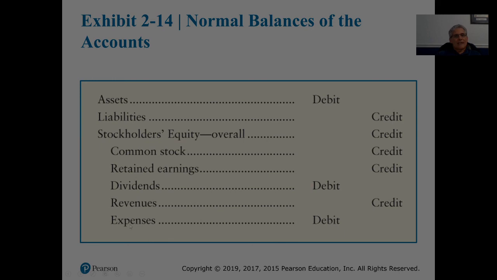Now, dividends and expenses are both on the right side of the equation, but remember what they do. They decrease retained earnings, or they decrease equity. So therefore, they carry debit balances. Revenues carry a credit balance.